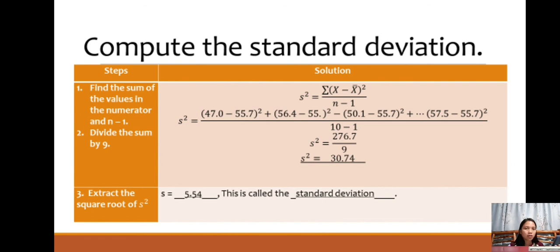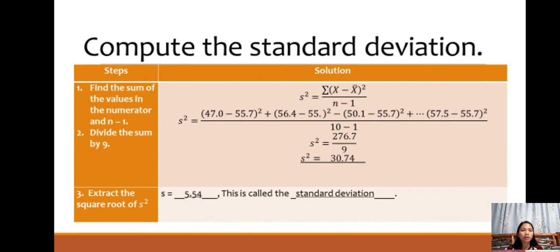55.3 minus 55.7 squared plus, okay, you can follow, 60 minus 55.7 squared plus 59.5 minus 55.7 squared.